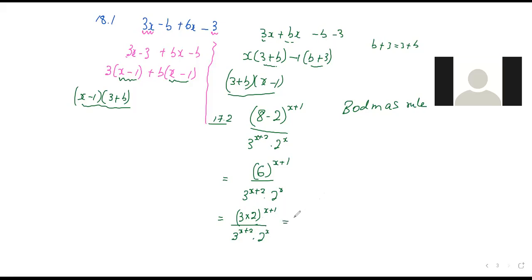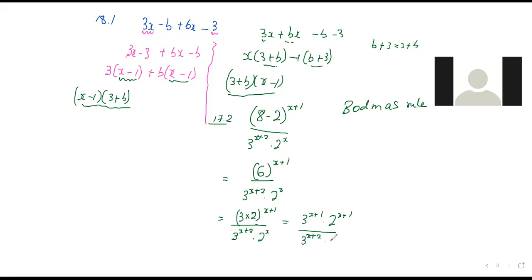This will equal to, the top one there is going to be 3 into x plus 1 times 2 into x plus 1. The bottom one remains x plus 2 times 2x.